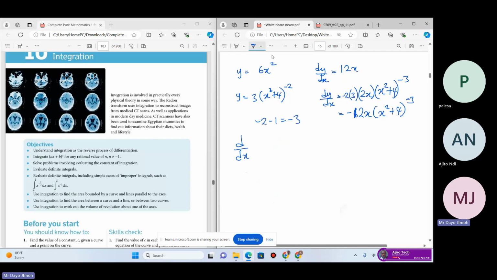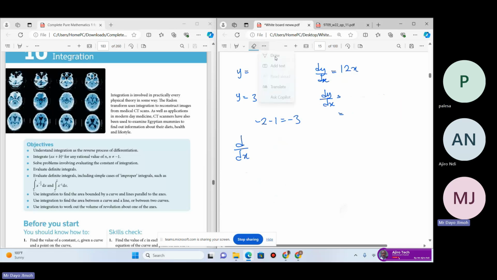Okay, let me change this, let's say this power is not minus 3. Let's say the power is 5. What will be our derivative?